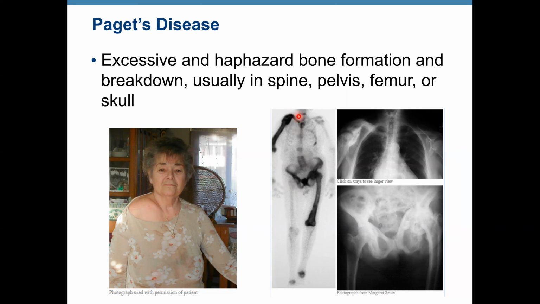You can see on the X-ray, right, the huge, bigger bones of the humerus and pectoral girdle, also pelvis, femur. But those bones are not the right bones. They actually have a lot of spongy bone compared to a normal bone, and they break very easily.